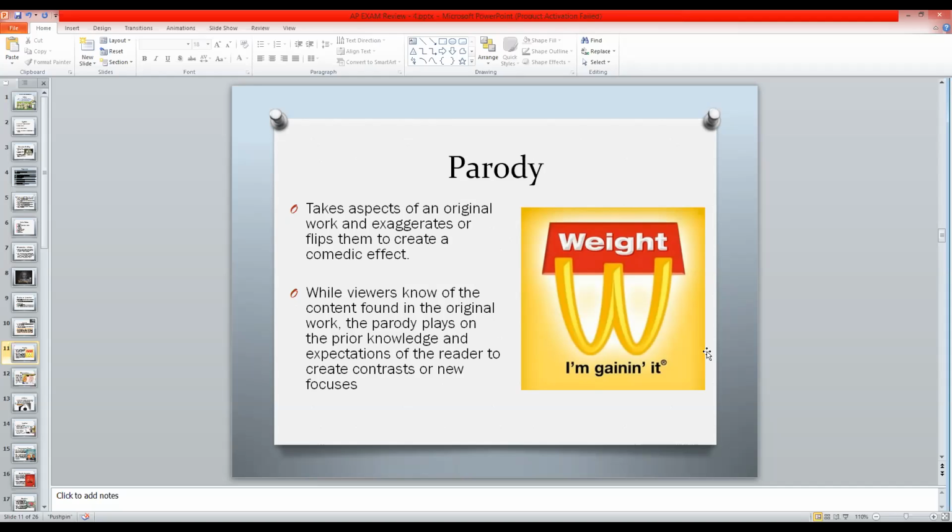We can watch it again later. It's a funny clip for sure. But here, it plays on the original work and takes that prior knowledge and flips it to make contrast or new focuses. In this picture, we all know McDonald's, but by flipping it, literally taking the slogans and all that, we're now thinking, well, actually the truth is McDonald's really is just one big weight gaining program, right?